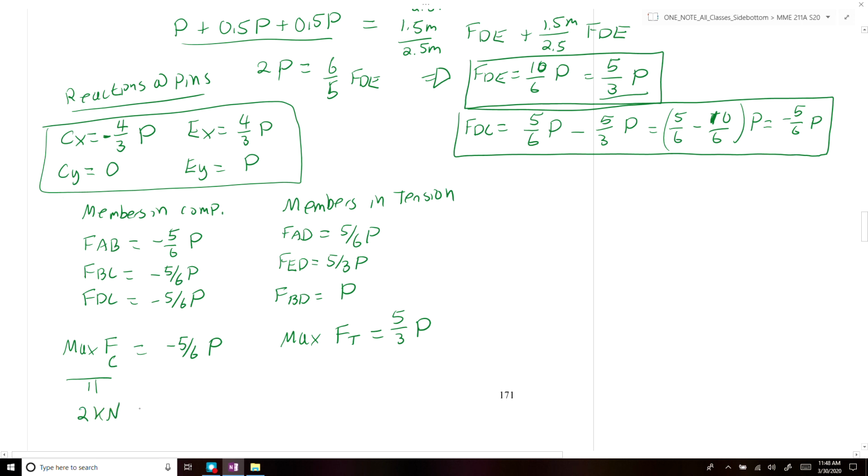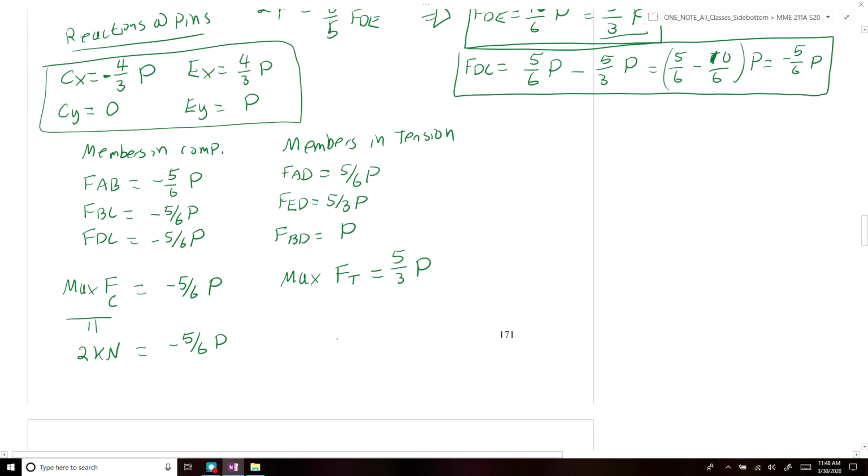If we plug that in and solve for P, the maximum allowable force P would be equal to 6/5 times 2 kilonewtons, which is 12/5, which is equal to 2.4 kilonewtons.